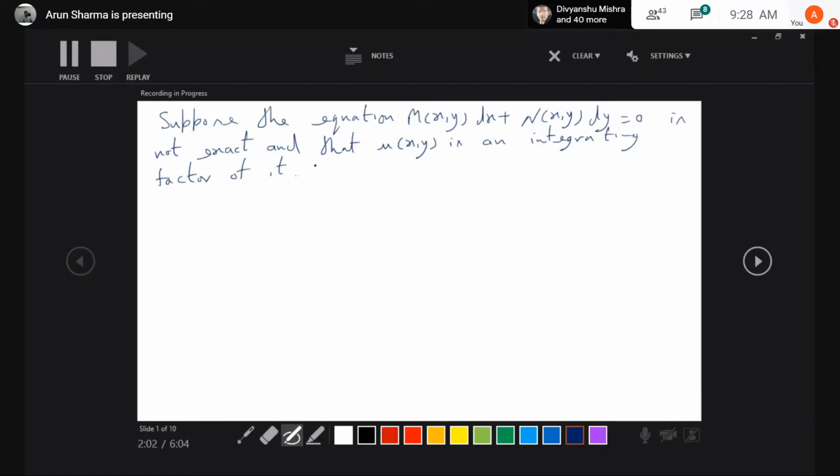Then the equation mu(x,y) M(x,y) dx plus mu(x,y) N(x,y) dy equals 0 is exact.